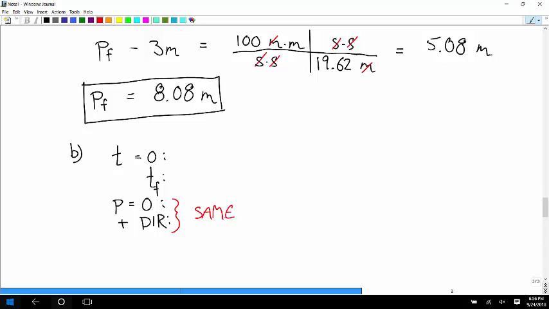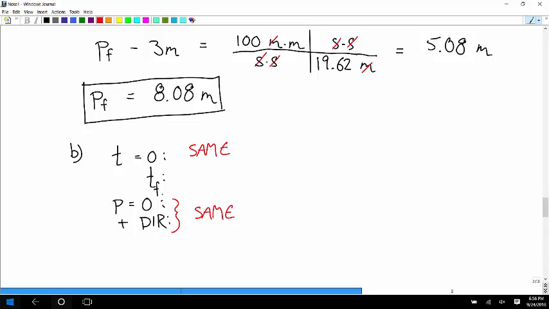But what about the other two? I mentioned before that we're going to have to change something. Is there any reason that we have to change our time equals 0 instant? No, that'll still work. I mean, we still have a lot of information there. Let's keep that one the same.